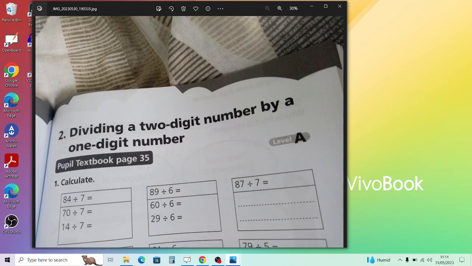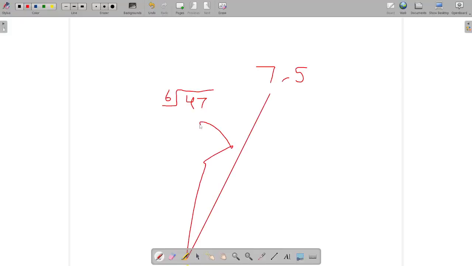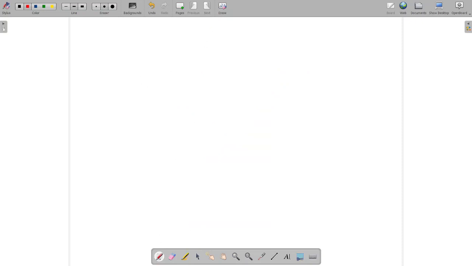So the way I like to write it out is as follows. So shall we get rid of that? Again, bus stop, and we're doing 95 divided by 4. So how many 4's go into 9?